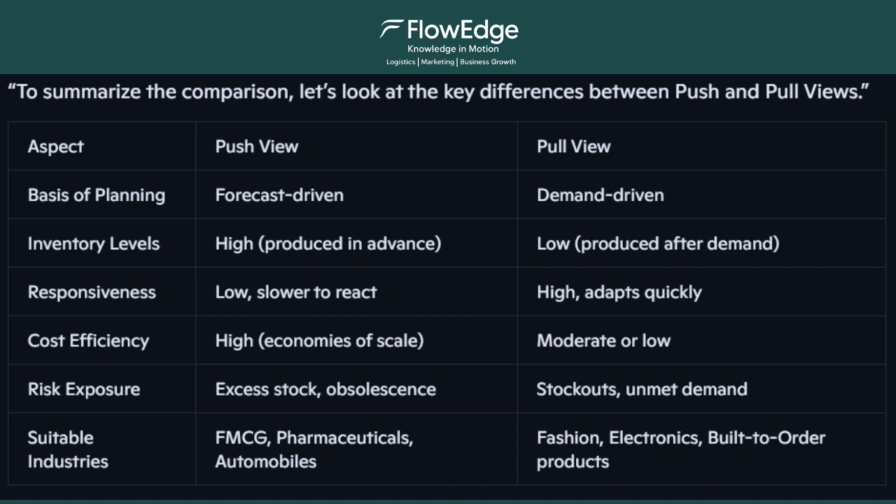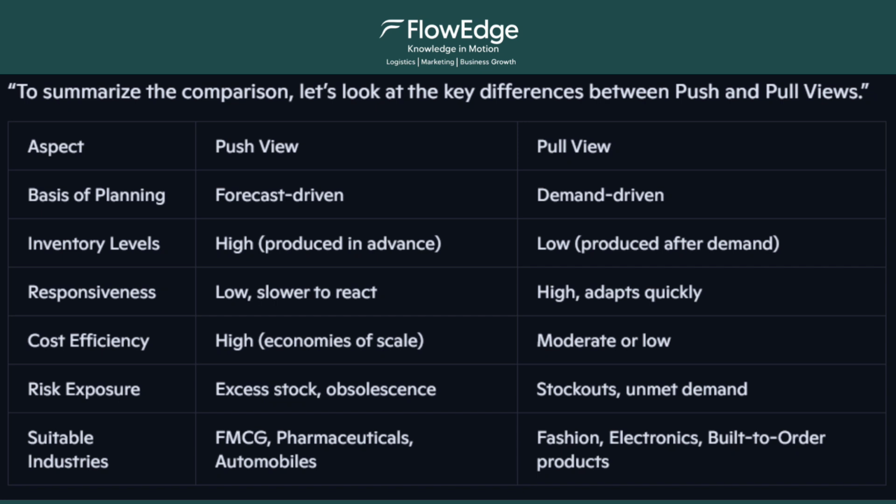The push models carry the risk of excess or obsolete inventory if forecasts are inaccurate, leading to waste and higher holding cost. On the other hand, the pull model faces the risk of stockouts or unmet demand during sudden spikes, especially if the infrastructure isn't fast or flexible enough.